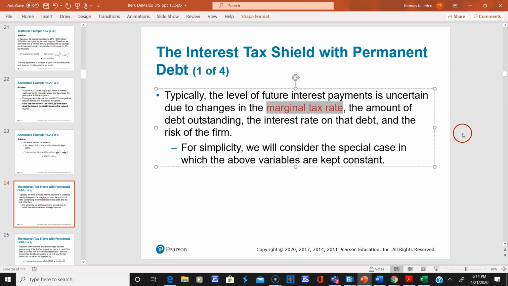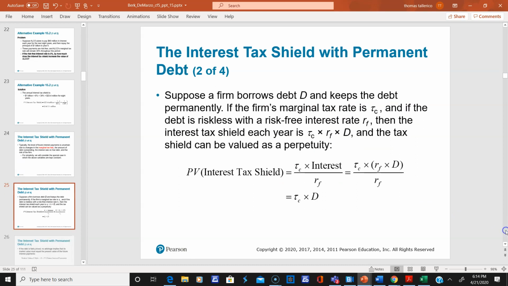So the amount of debt outstanding, the interest rate on that debt, and the risk of the firm all change the interest payments, right? So for simplicity, we will consider the special case in which all the above variables are constant, right? Nothing changes. It's fixed forever. We'll do that.